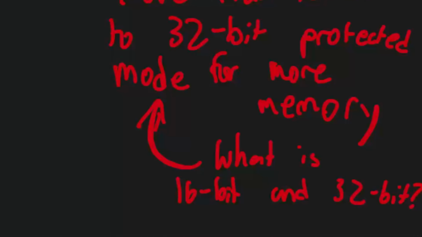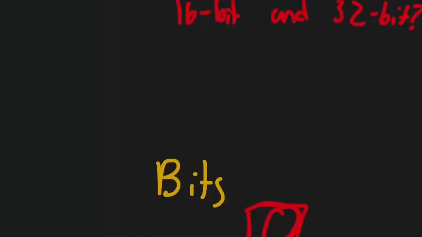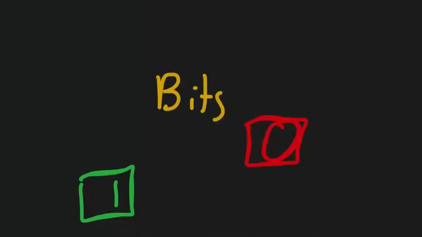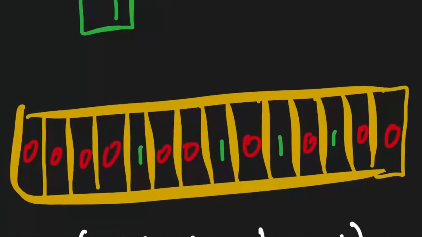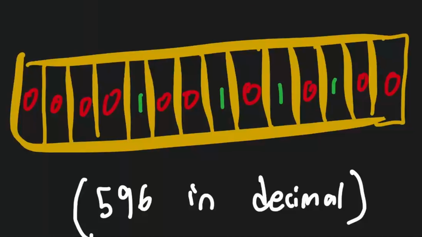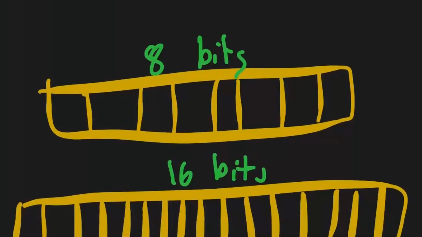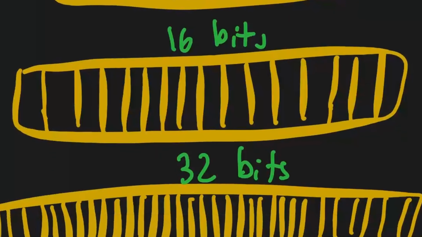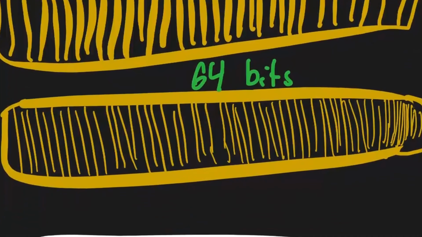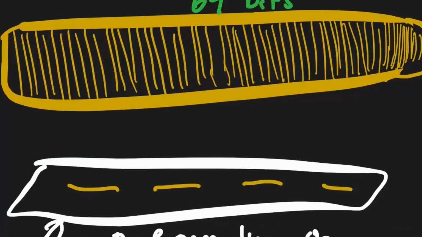But first of all, what is 16-bit and 32-bit? Bits are essentially just ones or zeros, and these can be combined together to represent basic numbers and information. So obviously 8 bits, 16 bits, 32 bits, and 64 bits are all just defining the number of bits that they encompass.